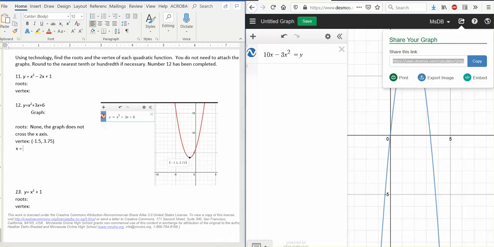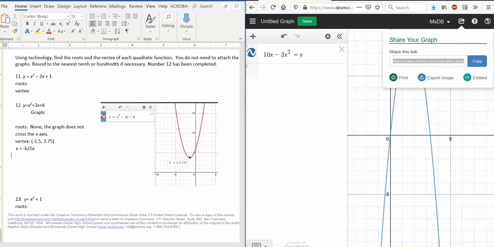We can find the axis of symmetry. Sorry, we can find the axis of symmetry's x value using the equation that we found last week, which is negative b divided by 2a. So then I could use b is equal to 3 and a is equal to 1.